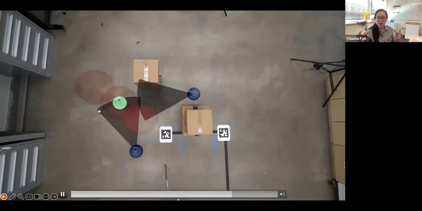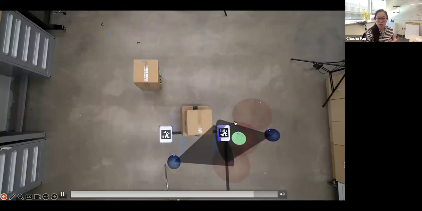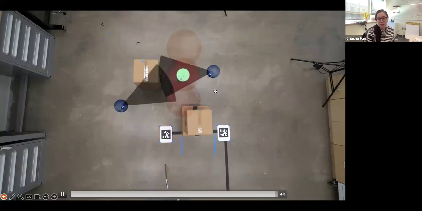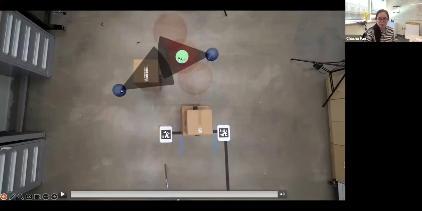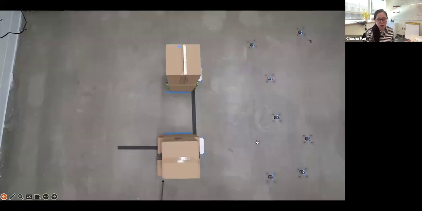So the target being observed is the central objective, and these two agents operate in a distributed way. Of course, they also need to make sure they don't bump into the target and they don't bump into the static obstacles. I have results for other baselines, but I probably won't have time to go through those.